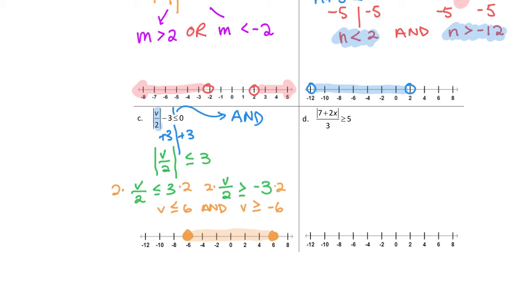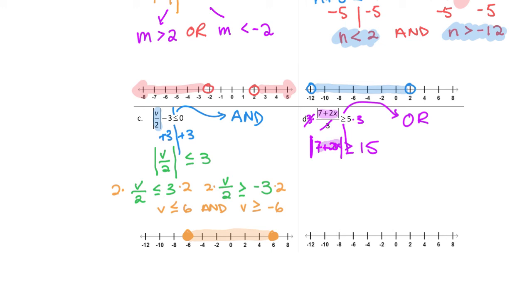Final example here. There's a lot going on, but let's decide first. This is going to be an or because it is greater than. Then we can see I've got this absolute value, but it's being divided by 3. So this is definitely a challenging one. I'm going to multiply the 3 to both sides just to simplify this. And I end up with the absolute value of 7 plus 2x is greater than or equal to 15.